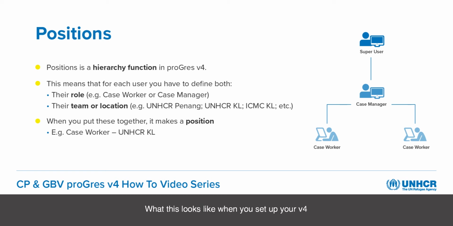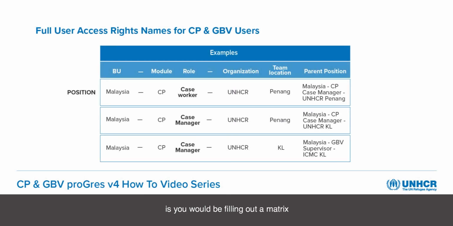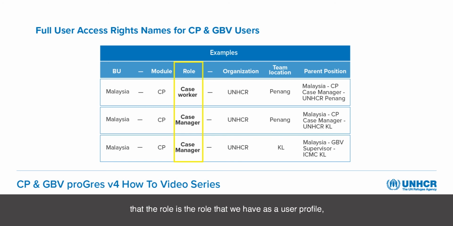What this looks like when you set up your V4 is you will be filling out a matrix where you would indicate for each individual their business unit, the module they would have access to, their role that they are assigned. And remember, it's very important to keep in mind that your role is the role that we have as a user profile.